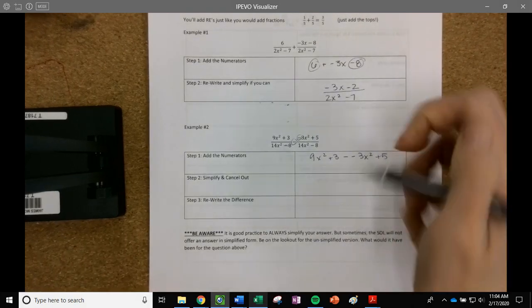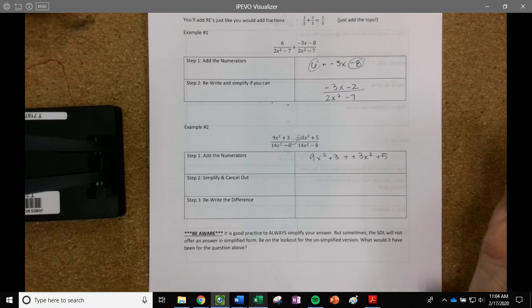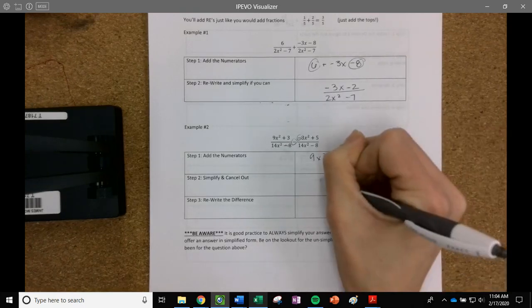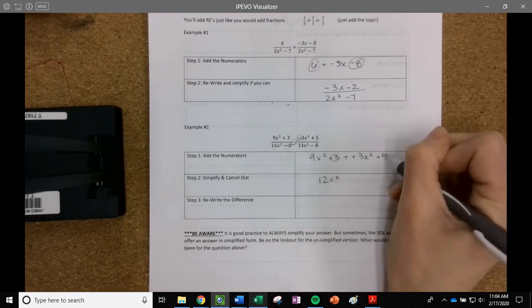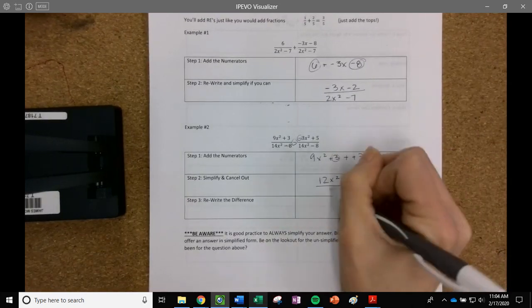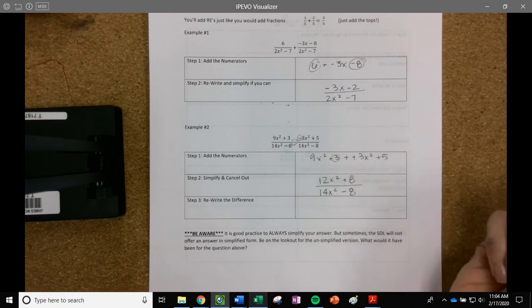Okay, so minus a negative becomes plus a positive. So that's going to give me 9x squared plus 3x squared, 12x squared, and 3 and 5 plus 8 over 14x squared minus 8.